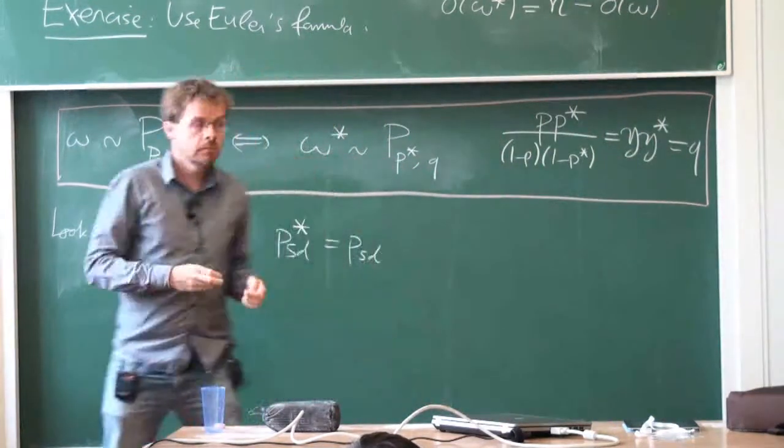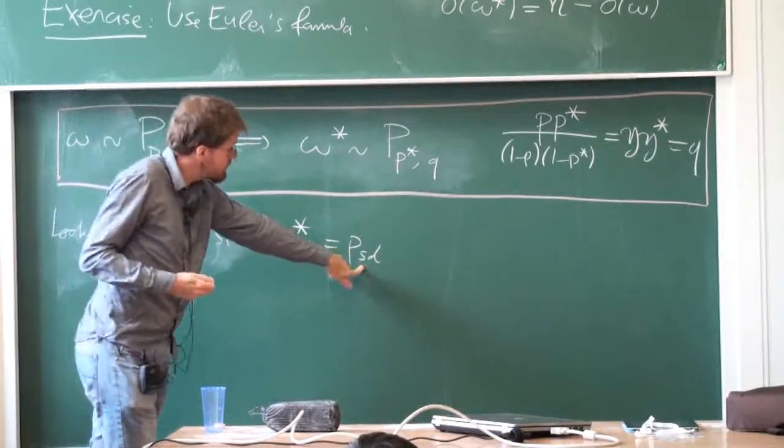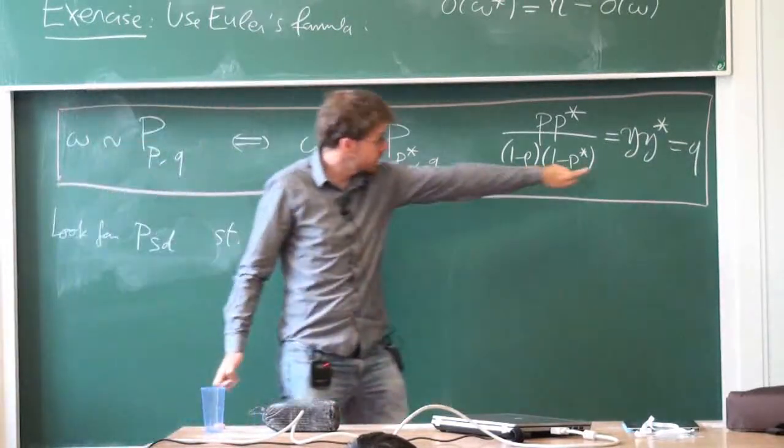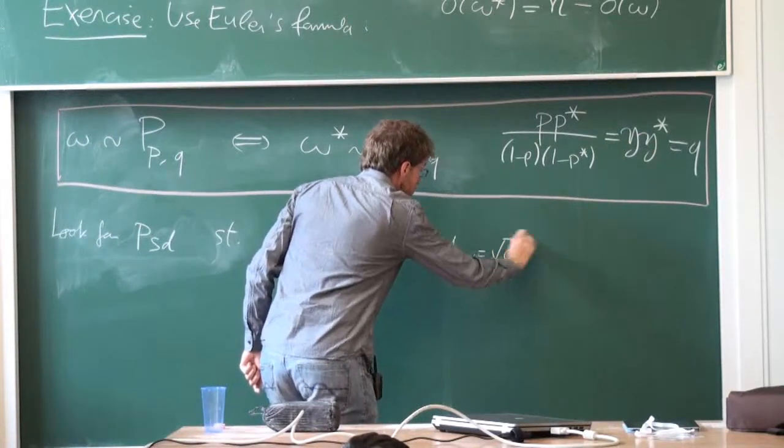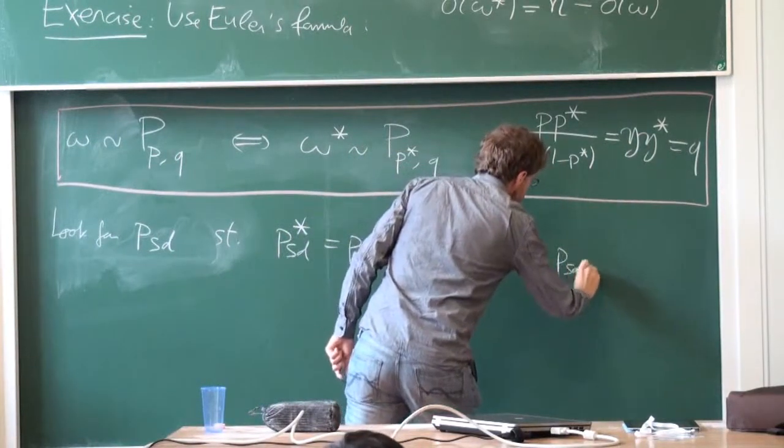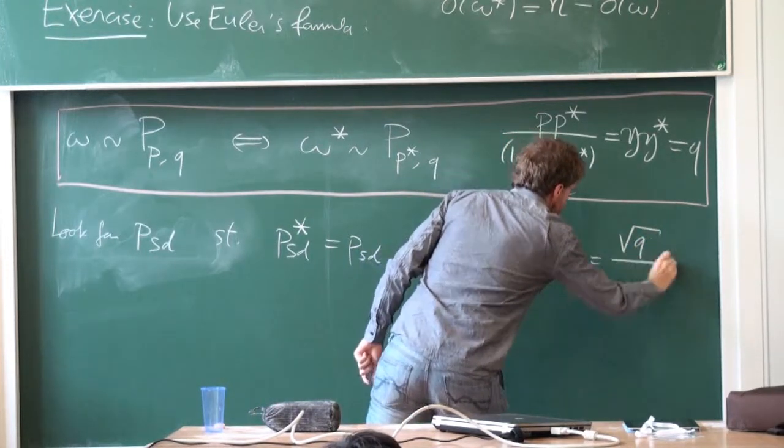But now finding the self-dual point is not probability anymore. You just need to solve this, and you get that y self-dual is square root of q. So the p self-dual is just square root of q over 1 plus square root of q.